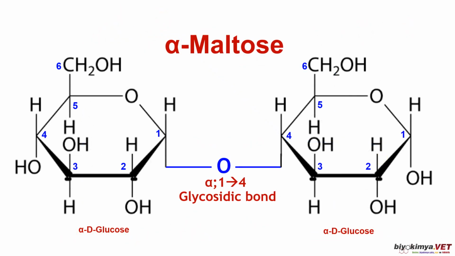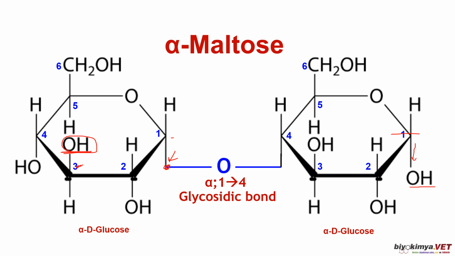And this is the Haworth projection. Remember how we determine it is glucose. We should check the hydroxyl group at the third position in the upper part, and the rest are on the right side. And this is the alpha anomer because the hydroxyl group in the acetal structure is below, and also this one is below.